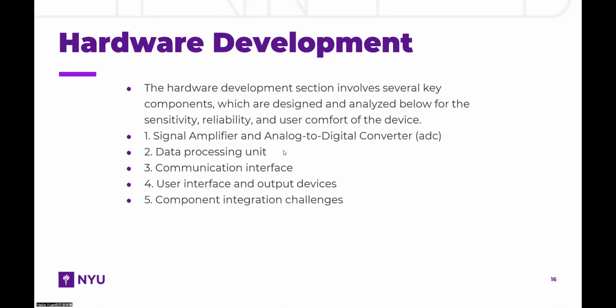The first one is signal amplification and ADC. In order to convert the brain signal captured by the sensor to a readable level without adding significant noise, the amplifier must have very low noise characteristics and high input impedance to ensure signal integrity.